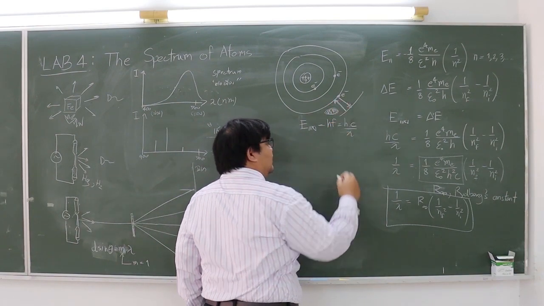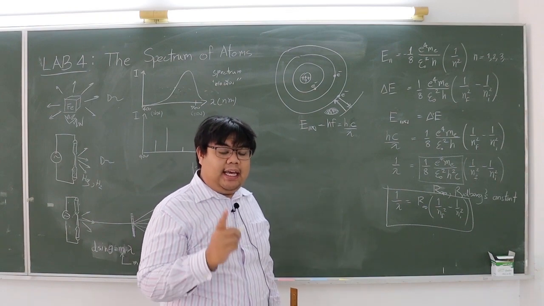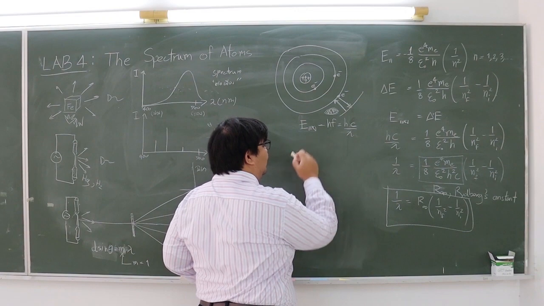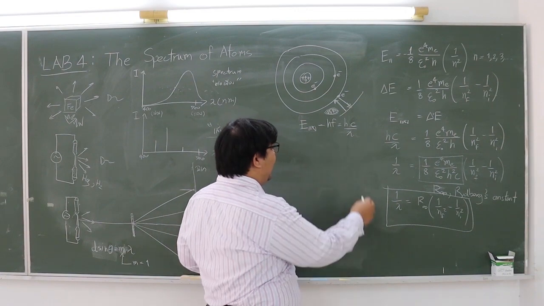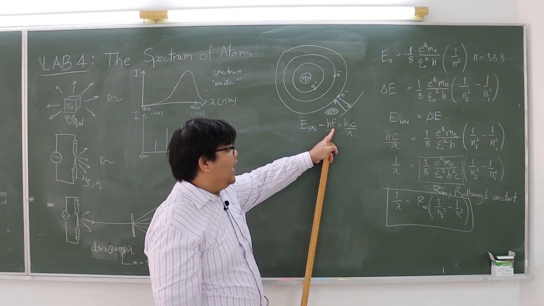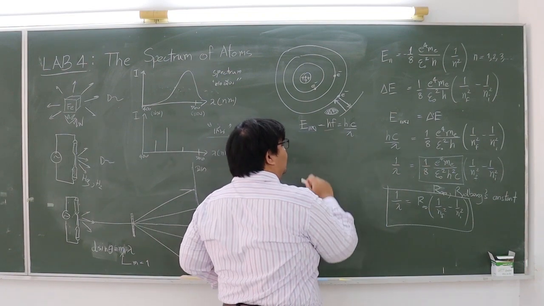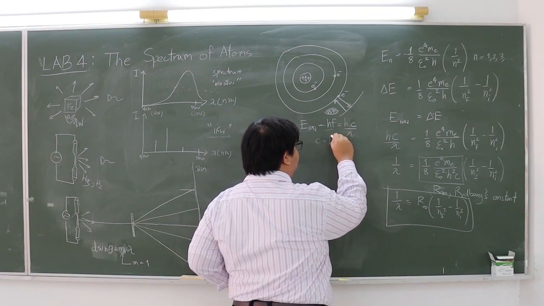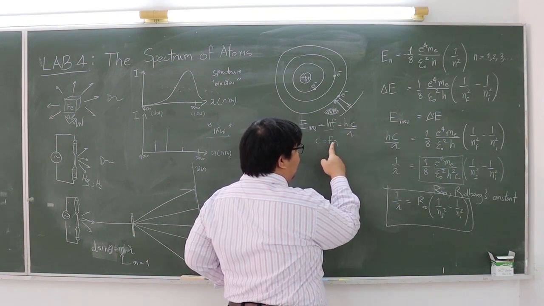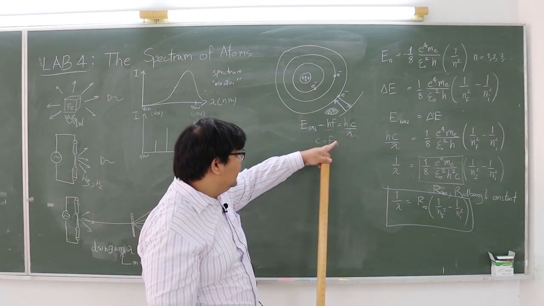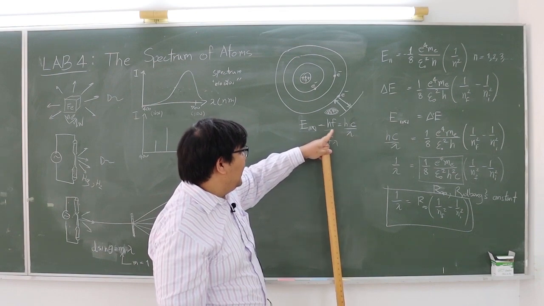We have learned this concept in Lab 3 already. We knew that the energy of the photon is hf, where f is the frequency of the photon. I use the relation c equals f lambda to change this equation into hc over lambda. This is the energy of the emitted photons.